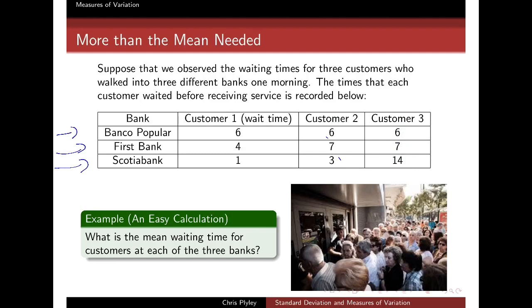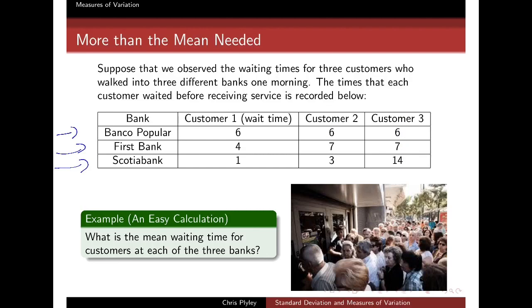So to start off, just to warm up, why don't you try this if you haven't done it already? Go ahead and find the mean waiting time for customers at each of these three banks. I'll pause the video, take a minute, and go ahead and do it. So did you go ahead and find it?